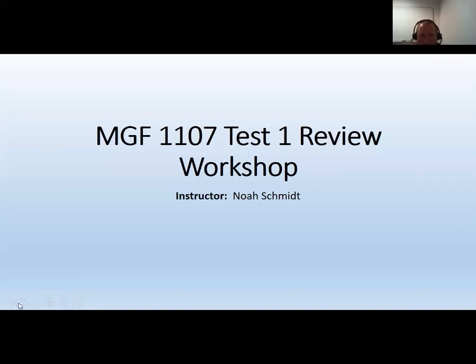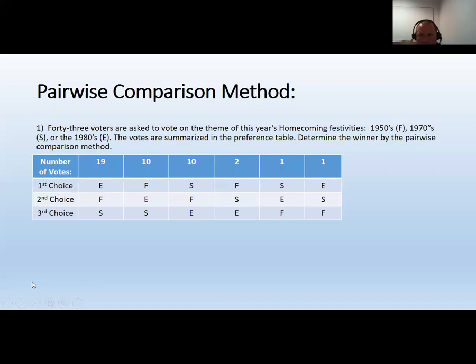So let's start going over the problems. I'm going to read the problem and then give you time to go over it first. This problem is based on the pairwise comparison method. It says 43 voters are asked to vote on the theme of this year's homecoming festivities.